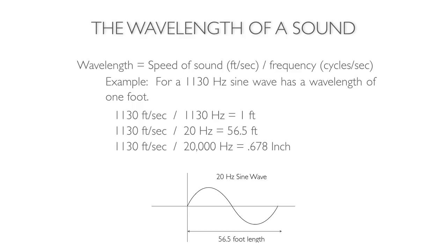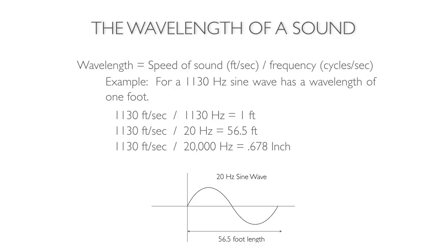Let's also talk about the wavelength of sound. We mentioned this earlier. Wavelength is related to the frequency in the sense that you can take the speed of sound and divide it by the frequency you're trying to find the wavelength for. A simple example: a 1130 hertz wave goes exactly into 1130 feet per second once, so that wavelength would be 1 foot.